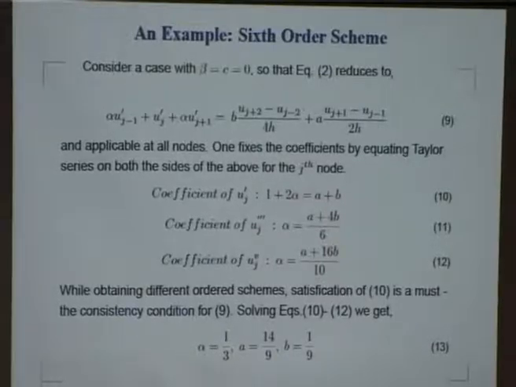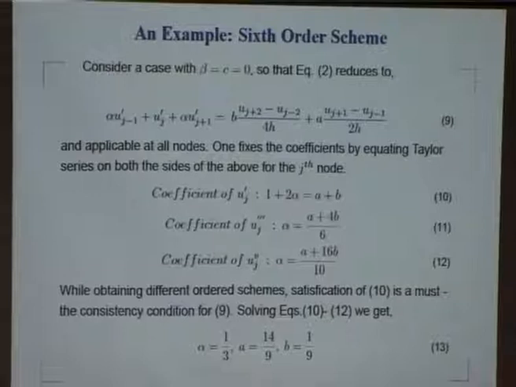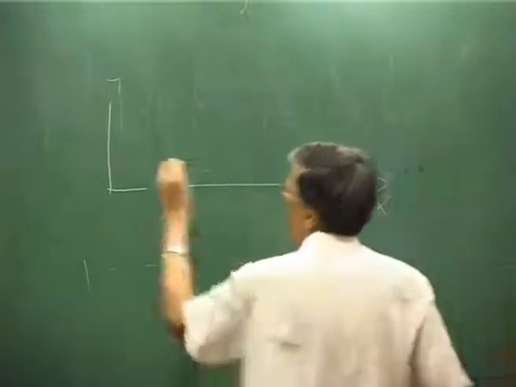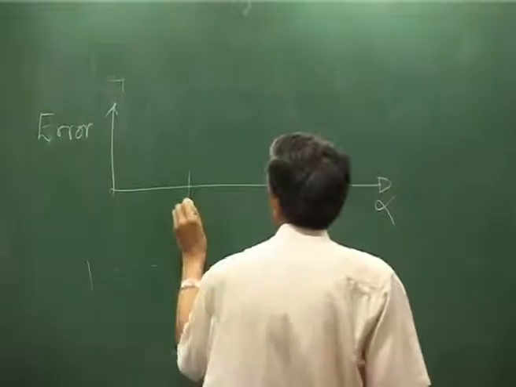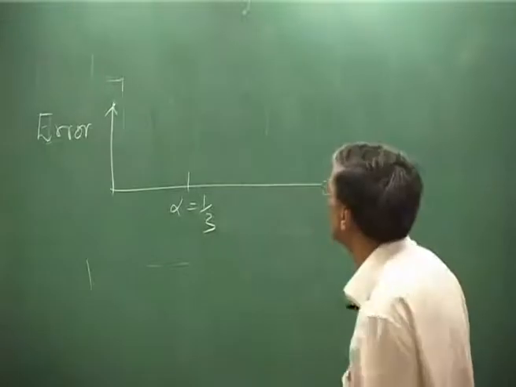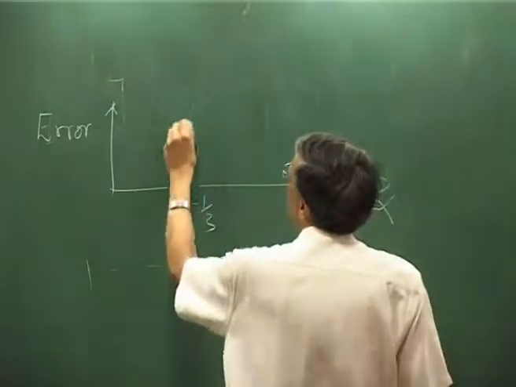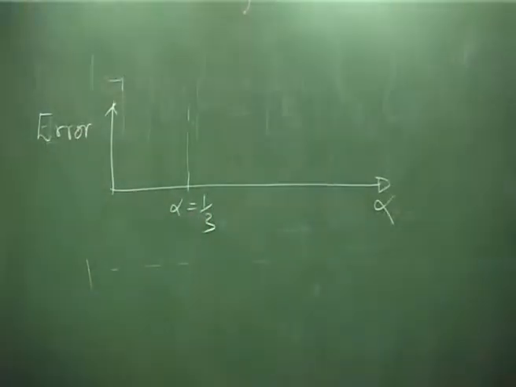That means, what I am saying is, if I try to write down the error committed, suppose I try to plot the error versus alpha, and I have a value here, alpha equal to 1/3. I know if I choose this, then it becomes sixth order accurate. My question is, what happens to the error in the neighborhood of this point? Is it a continuous function or a discontinuous function?